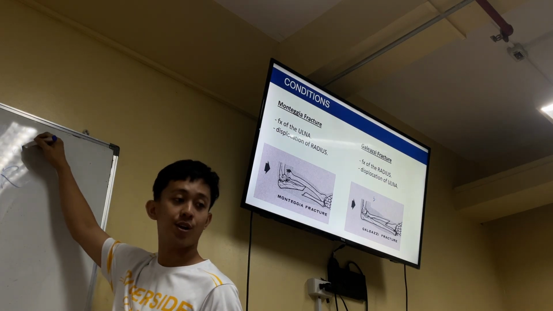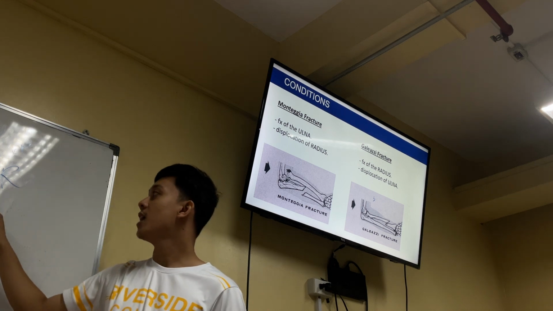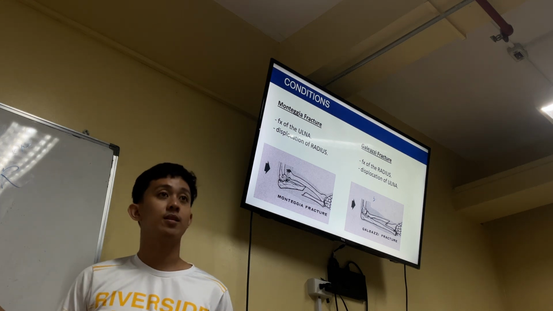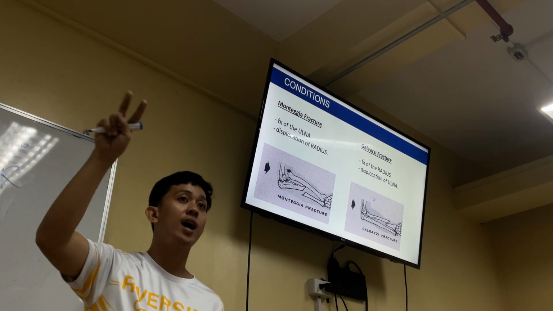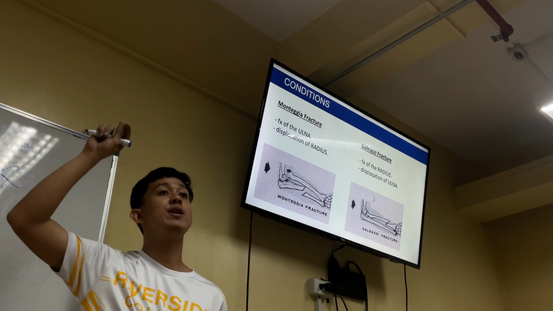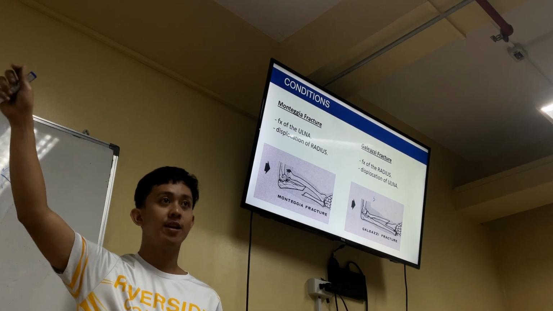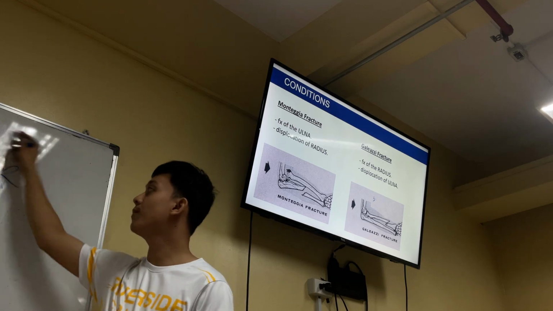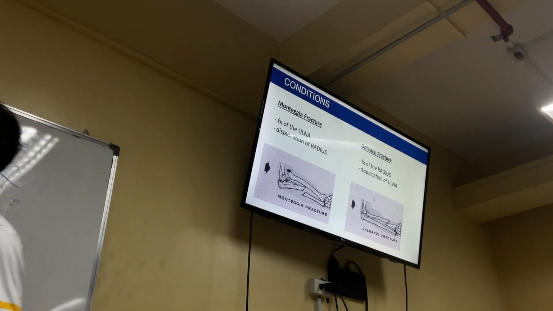Galeazzi: fracture of the radius. Then the dislocation is the opposite. Both the radius and ulna are affected, either fractured or dislocated. Okay? You can use this to differentiate from Coles fracture and Smith fracture.